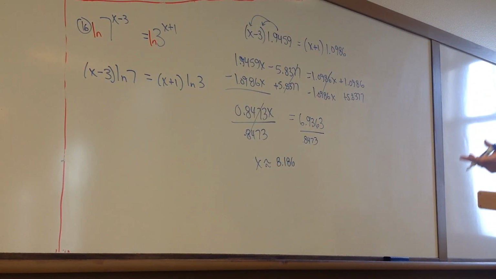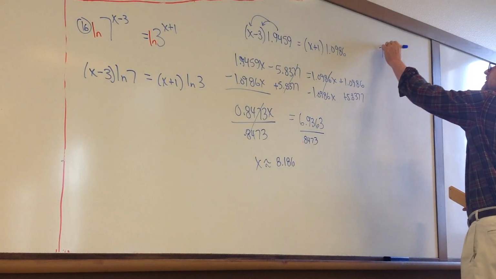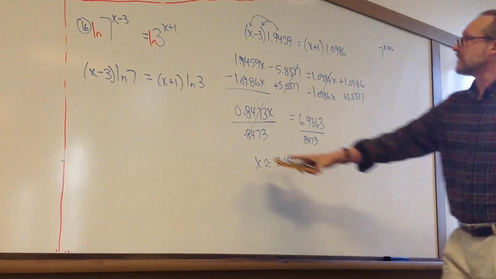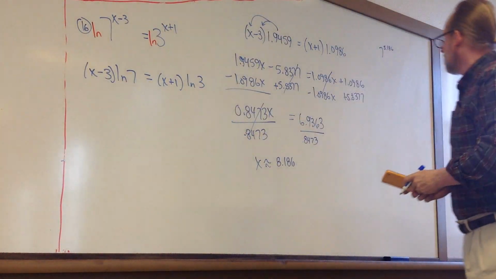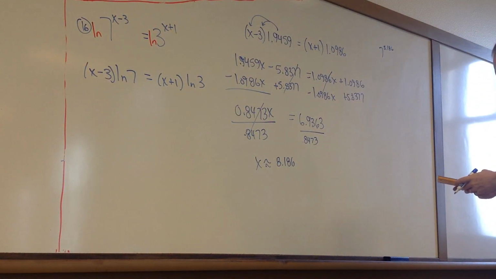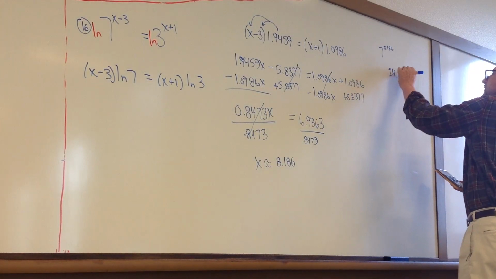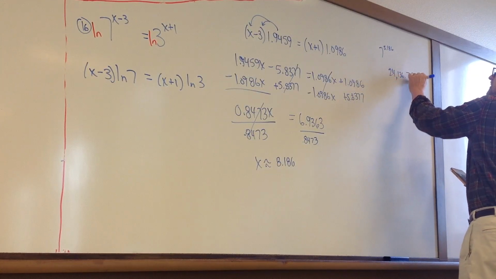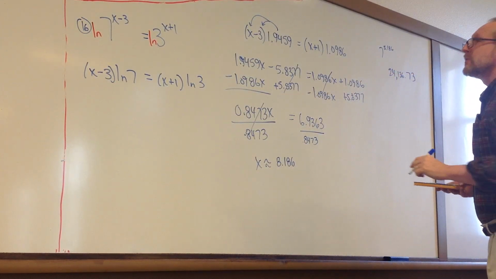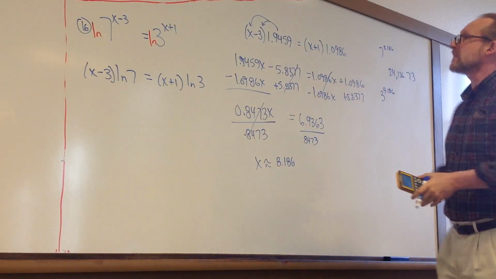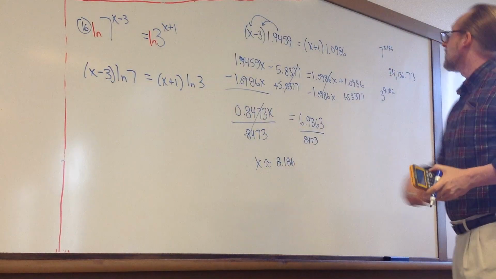Okay, so let's check our answer. If we do 7 to the 5.186, because this is x minus 3, so 7 to the 5.186, 24,136.73, and then we do 3 to the 9.186 because this is x plus 1 here.